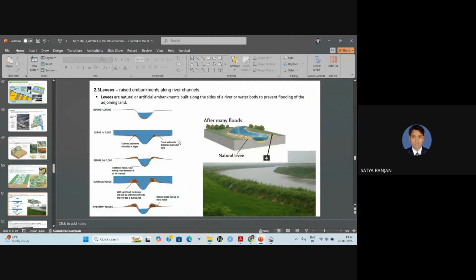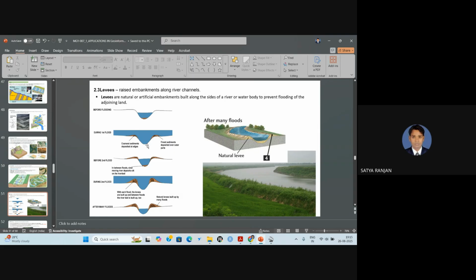What are levees? Levees are raised embankments along the river. They occur naturally, most of the time natural and sometimes artificial. During flood times, the river deposits sediments along the river banks.